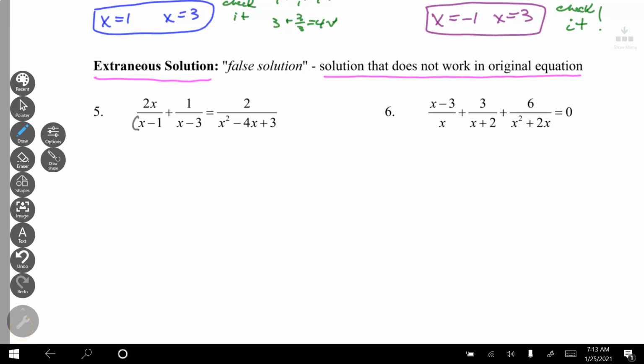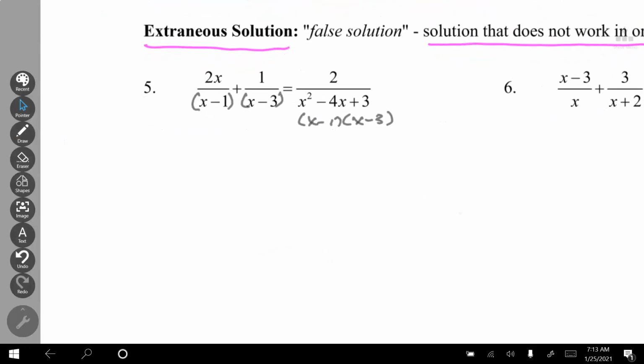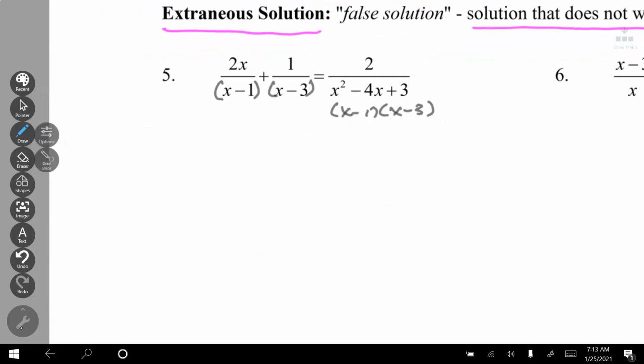So I'm going to group my denominators here a little bit. I'm going to factor this denominator, and the way I set up these problems, it's probably going to be whatever the other denominators are.